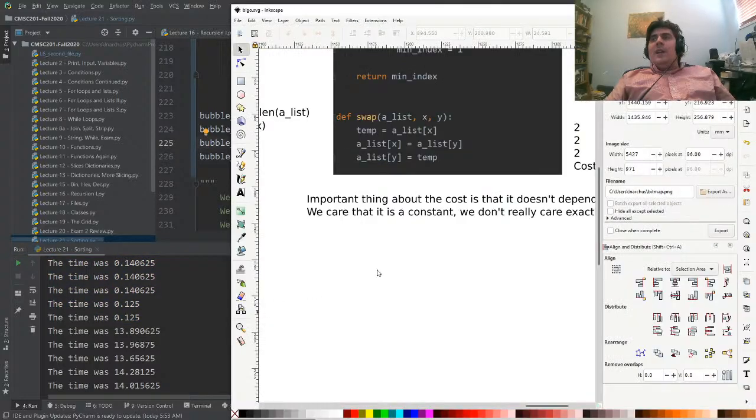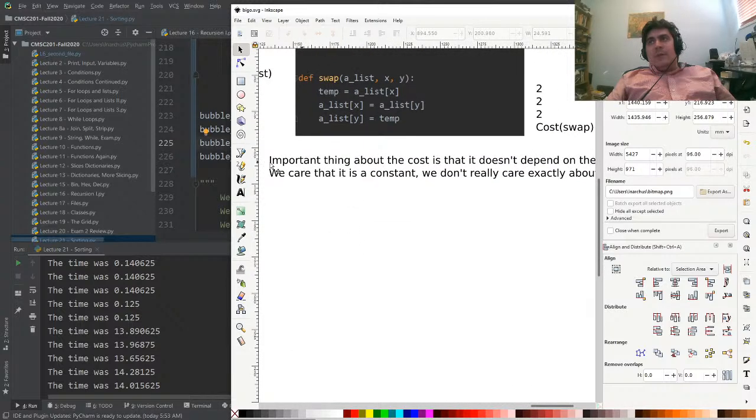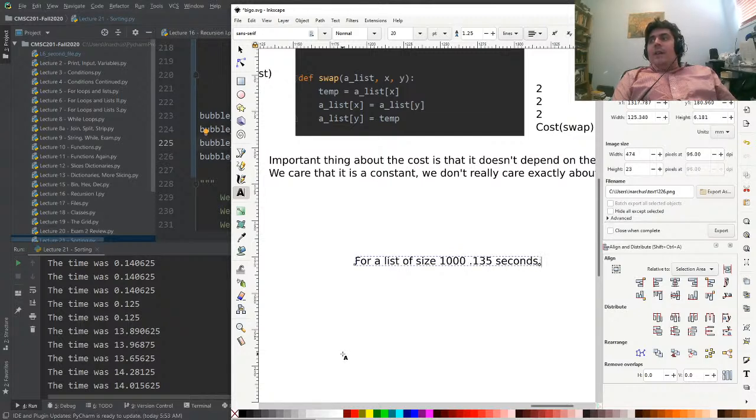So what Big O tells us, and this is how we know that Big O is kind of getting the answer right, is that if for a list of size 1,000 it takes, let's average it out and say, 0.135 seconds, then for a list of size 10,000, we expect it to take, well, remember that it's O of n squared.